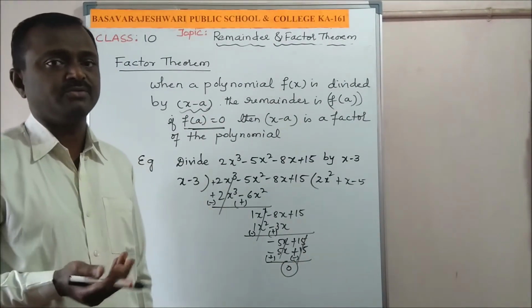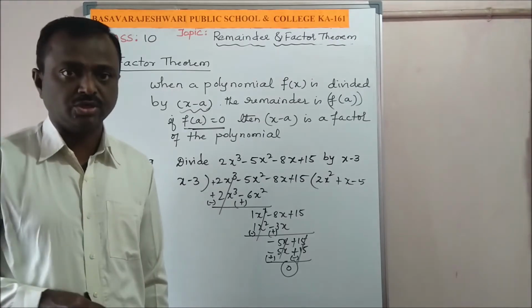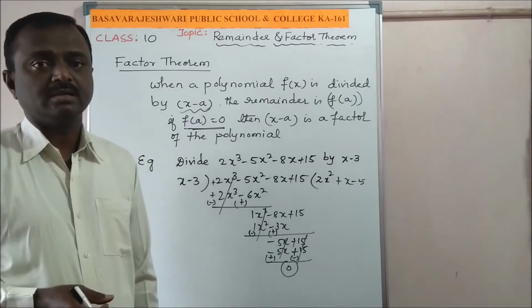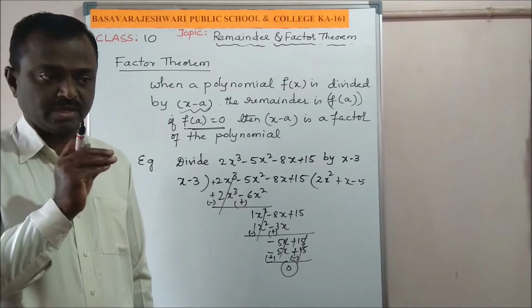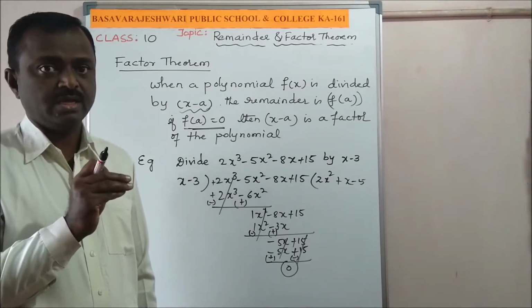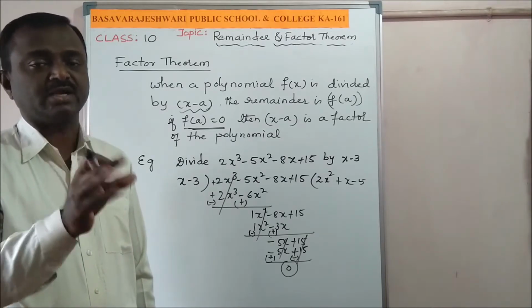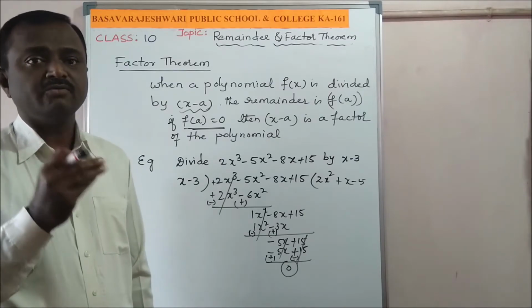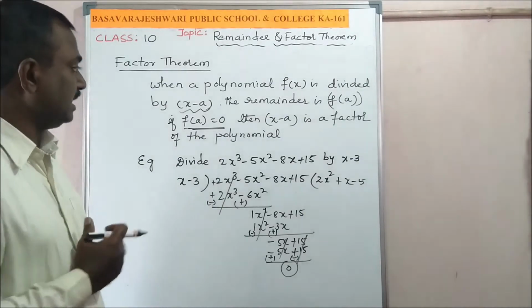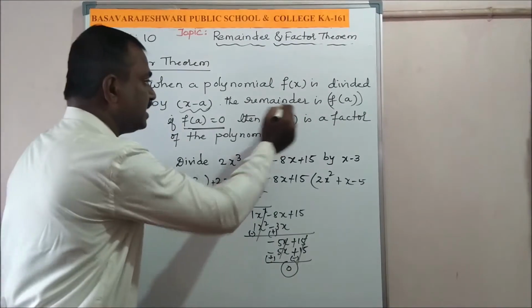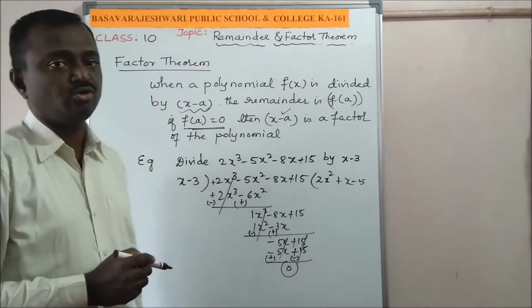If you divide any number and get the remainder 0, then the divisor we are dividing by is nothing but a factor of the dividend. See here also, x minus a is called a factor of the polynomial.